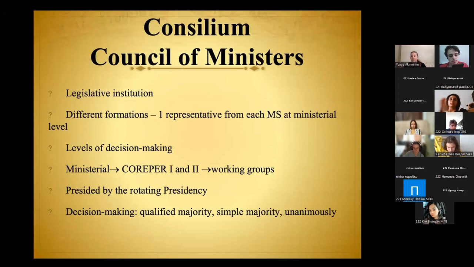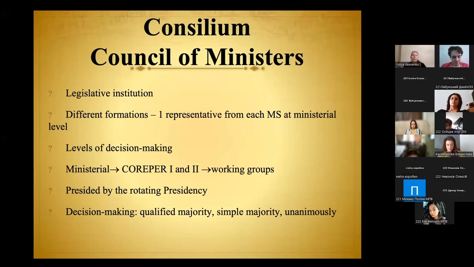So this action should be examined on different levels, starting from ambassadors, national deputies, coming to the ministerial level, and then the process of discussion in the Parliament of the European Union.